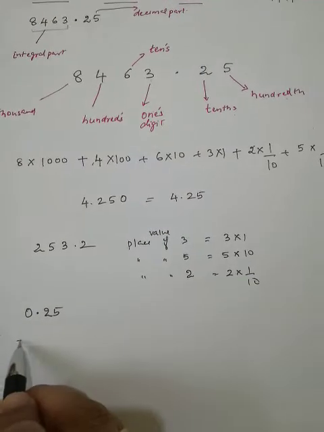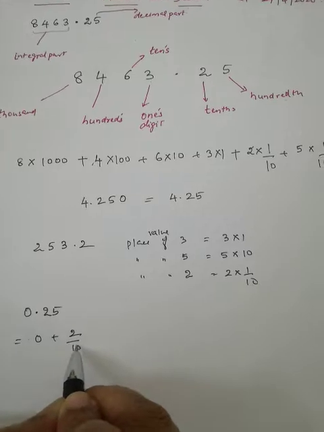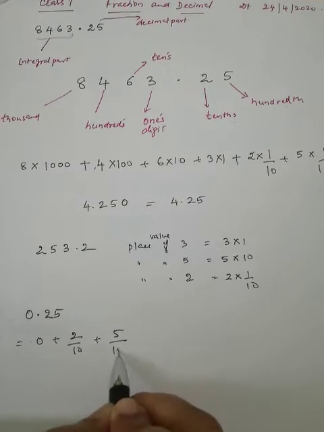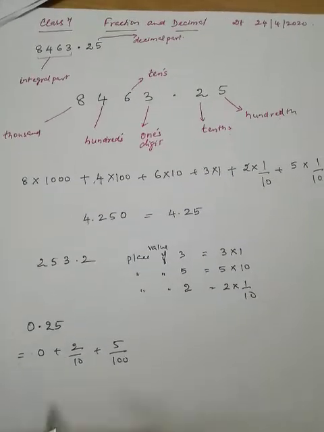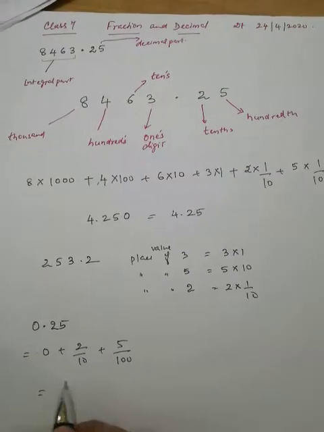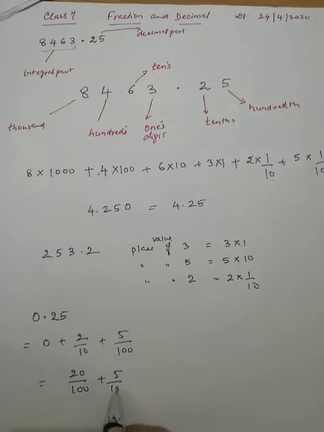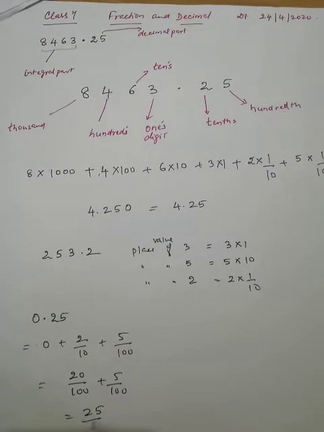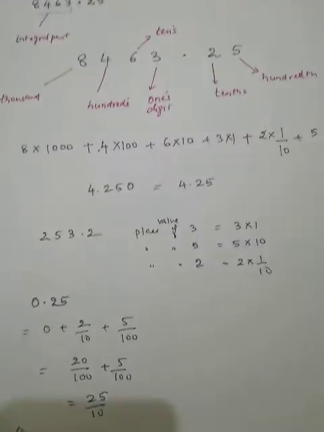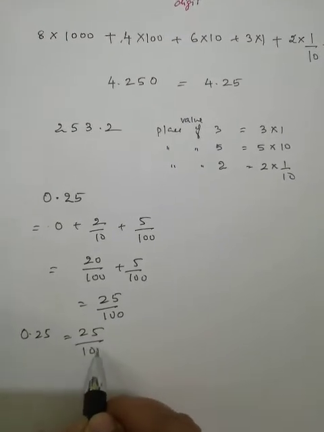This can be written actually as 0 plus 2 by 10 plus 5 by 100. Okay, anyway, addition of 0 has no meaning. So 2 by 10 can be written as 20 by 100 plus 5 by 100, and this is nothing but 25 by 100. So 0.25 can be written as 25 by 100.